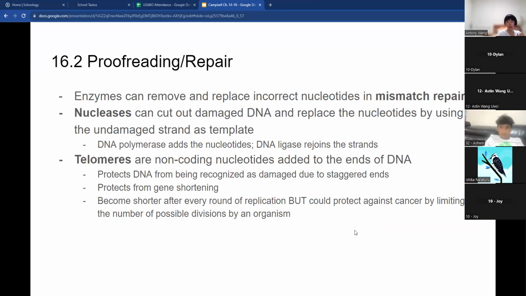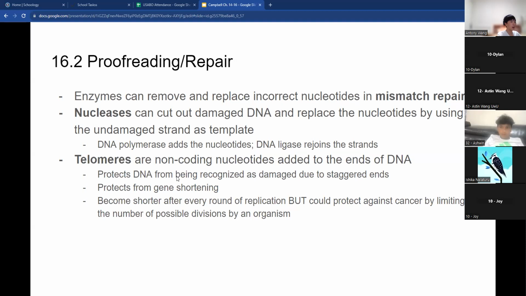If there's a protein coding region at the ends of DNA and it gets shorter, that's bad because you don't want to lose any functional proteins, because of how tightly regulated our systems are. So telomeres will take the place of protein coding regions at the ends of DNA and protect them from getting degraded. So just remember, this is non-coding and has protective functions.